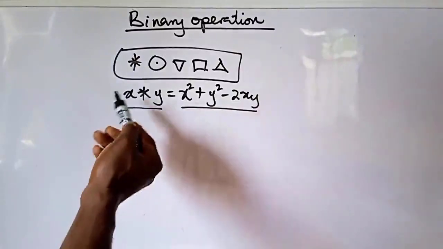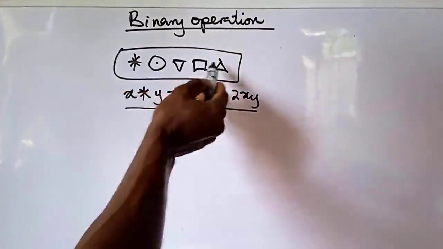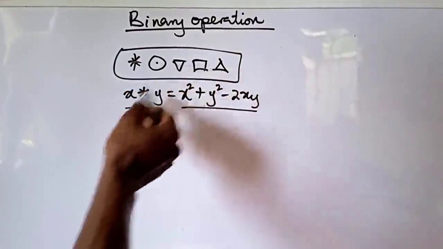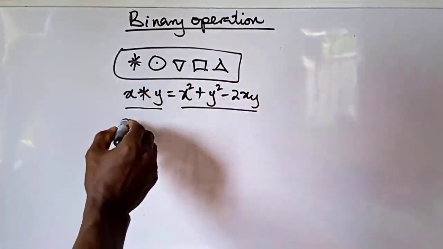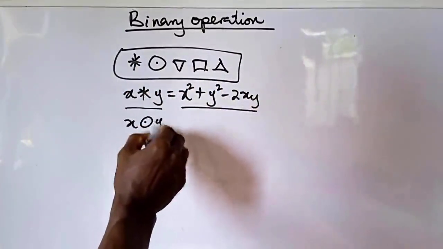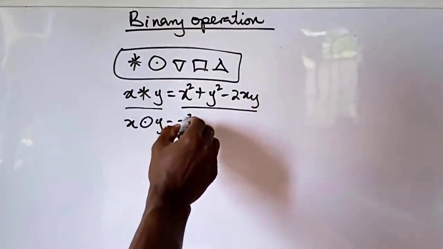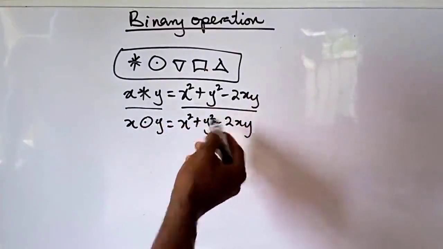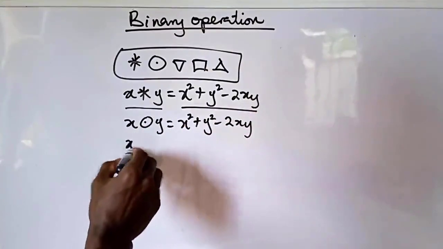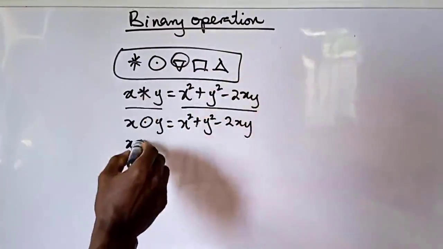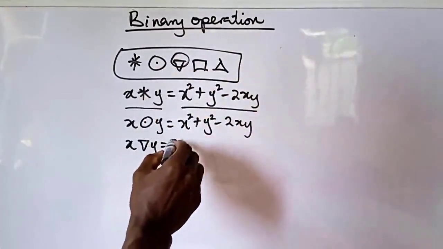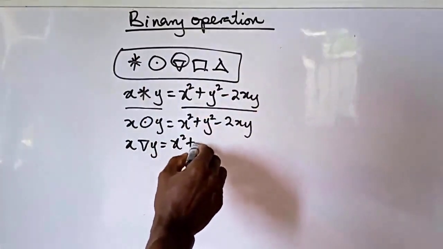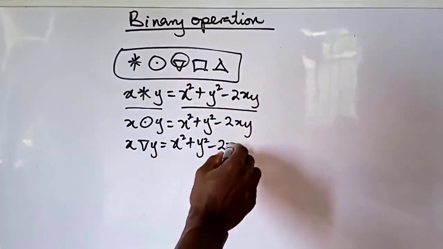You can implement any of these operational signs here. So we can say x this y is the same thing as x to the power 2 plus y raised to the power 2 minus 2xy. Or using another sign, it equals x to the power 2 plus y raised to the power 2 minus 2xy.